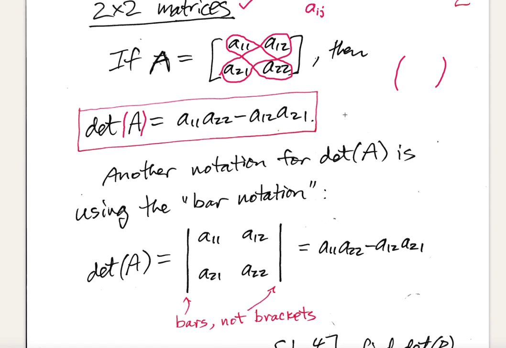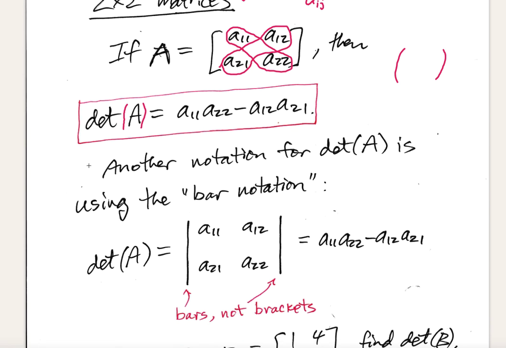Let me jump in here real quickly. Another notation for the determinant, sometimes when you've got the actual entries of a matrix written out, such as I have up here, is the so-called bar notation, where the determinant of A can also be written this way. Do you see I've got 2 vertical bars? They look like absolute value symbols. I've got the actual entries of the matrix inside those vertical bars.